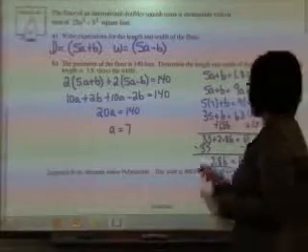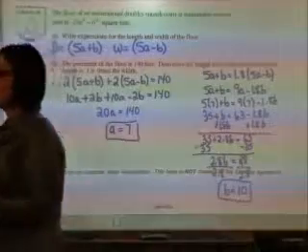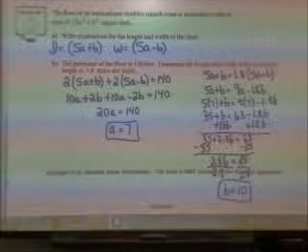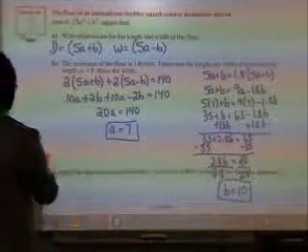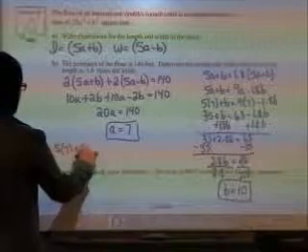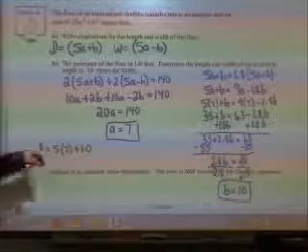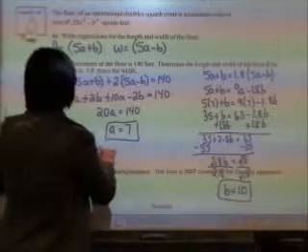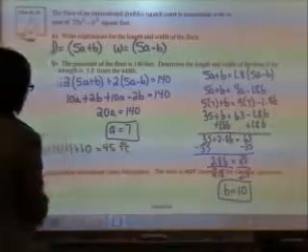So I now know the value of B, and I know the value of A, but I actually haven't answered the question yet, because the question asks what's the length and the width. So the length is 5A plus B. 5 times A plus B. A was 7, B was 10. 5 times 7 is 35, plus 10 is 45 feet.